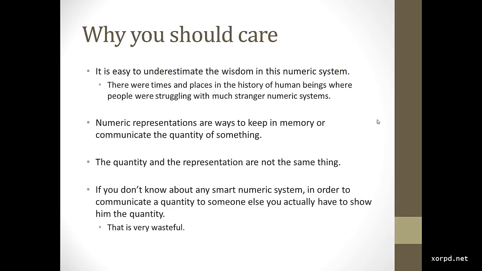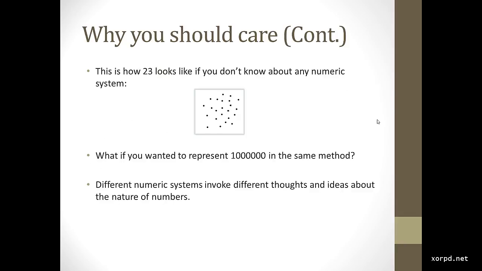If you didn't know about any smart numeric system, you would have to carry the stones to their place and show them the set of stones. But if you and they both know about some smart numeric system, you could just write the amount on a piece of paper and show them the amount, and then they understand. For example, this is how 23 looks if you don't know about any numeric system. We can just see 23 objects.